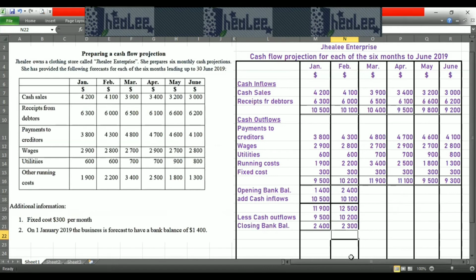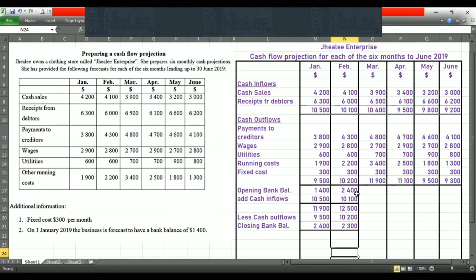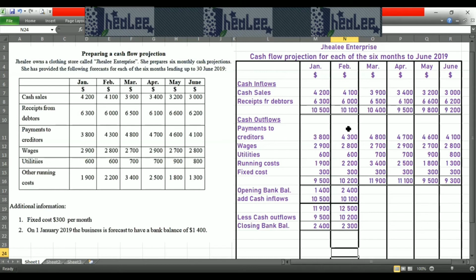So that is the closing balance for February. So remember, your closing balance from the previous period becomes your opening balance for the next period. So that is the 2,400 plus the total inflows minus the outflows gives you the closing balance.